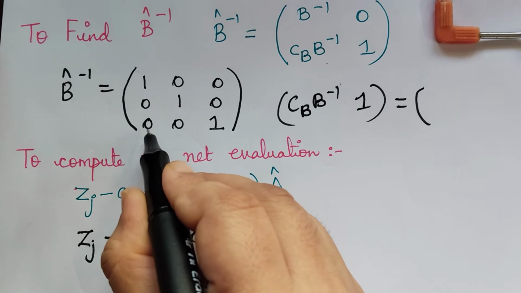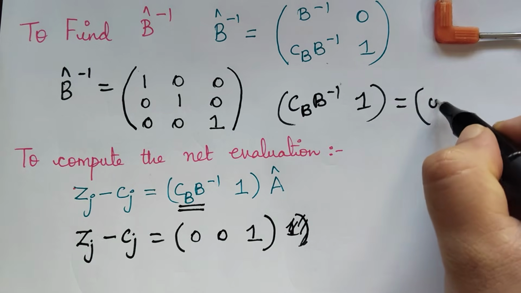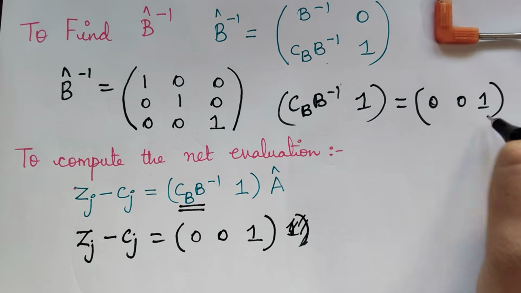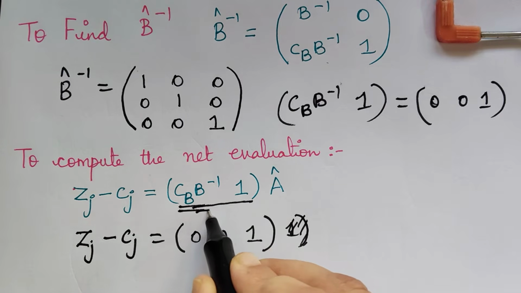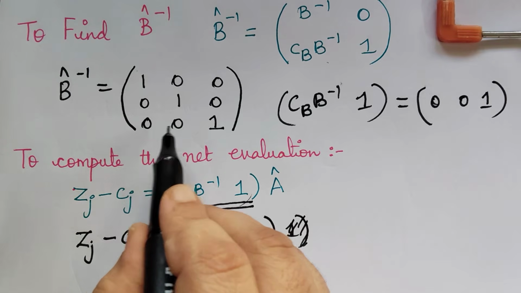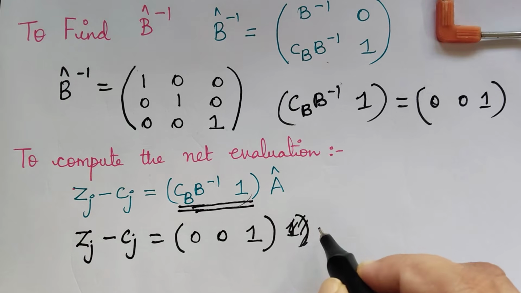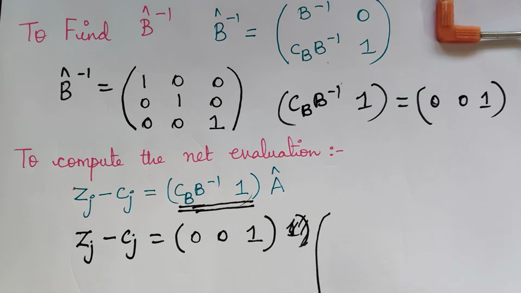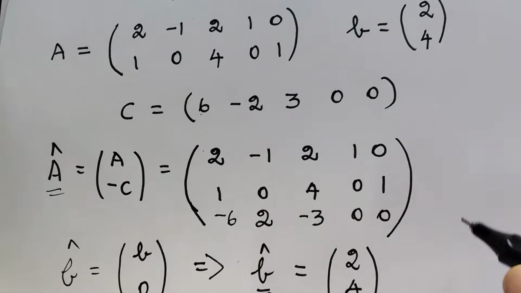So here the current B cap inverse's last row is 0, 0, 1. So that is only including the 0. So this matrix is the last row of B cap inverse, which is 0, 0, 1. So that we have written, and we have to multiply this matrix with A cap. So what is A cap? A cap we have found here previously.